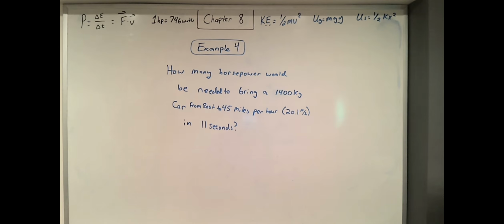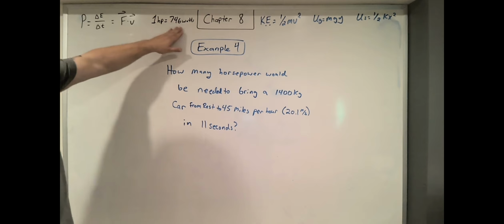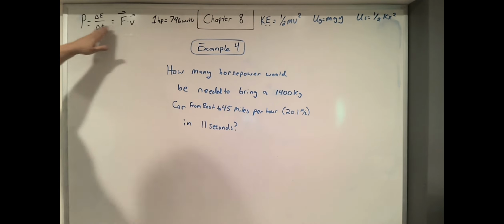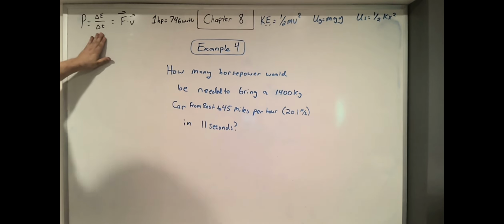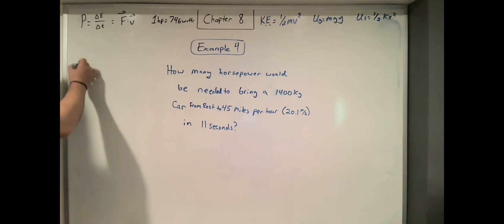Okay. So for this, I'm looking for horsepower, which means I'm going to have to do a conversion from horsepower to watts, which means I'm really looking for watts. Watts is the unit for power. So I want power, and I was given time. So this first equation should be the one that I'm looking for.